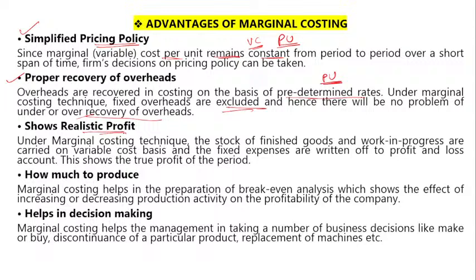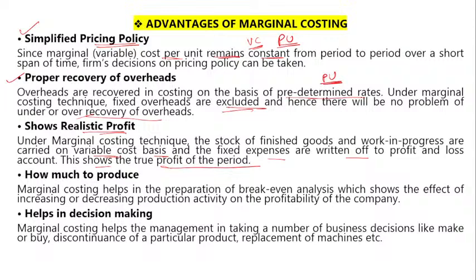Now, it has the advantage that it shows a realistic profit. Under the marginal costing technique, the cost of finished goods and work in progress are carried on a variable cost basis. On what? On the variable cost basis, and the fixed expenses are written off to the profit and loss account. This shows the true profit of the period, because in marginal costing the company excludes its fixed cost.